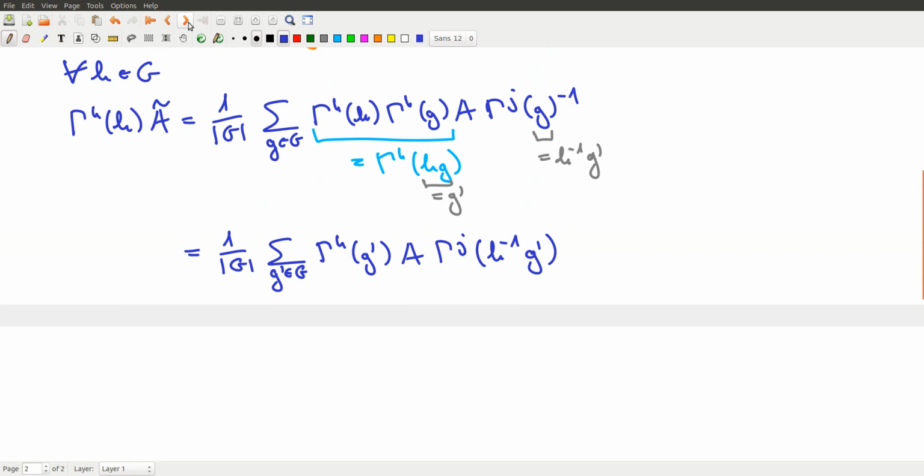So what is this? Gamma j of h inverse g prime, that's just gamma j of h inverse. And I forgot an inverse here. Look, this inverse here I forgot. So let's put an inverse out here.